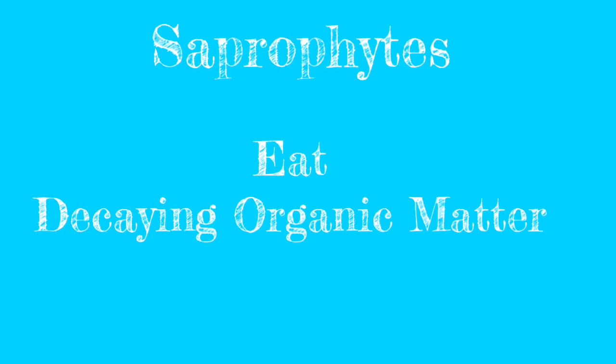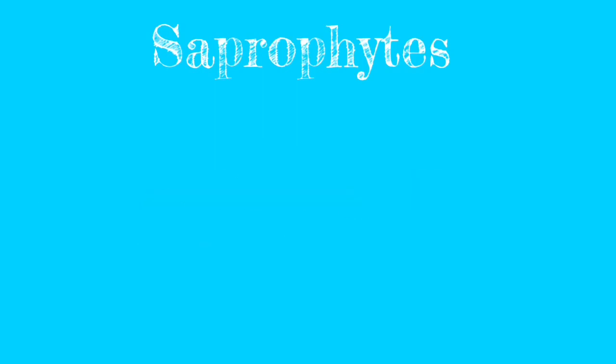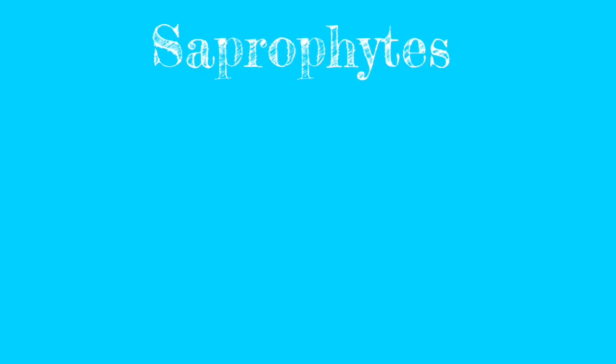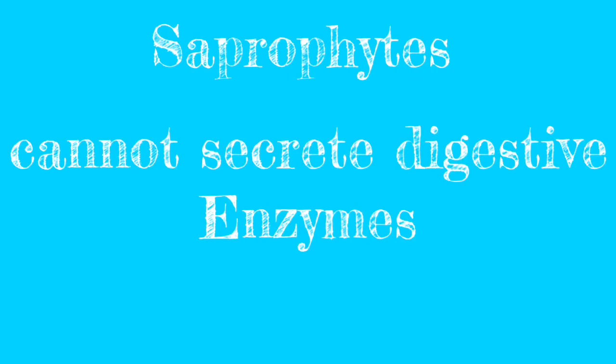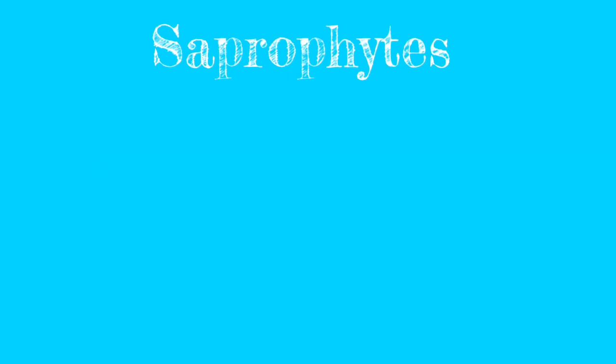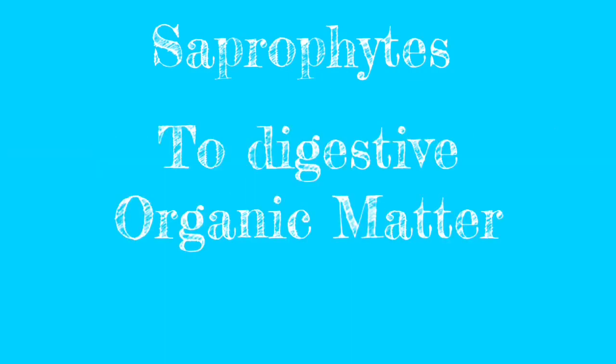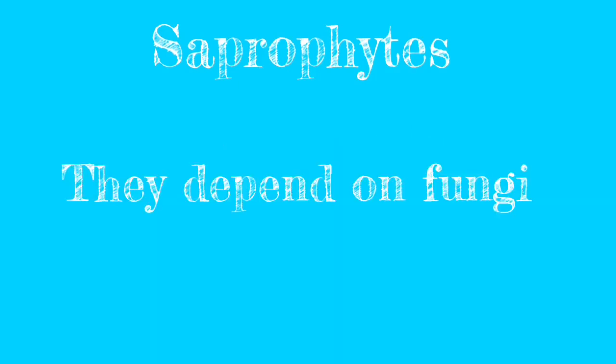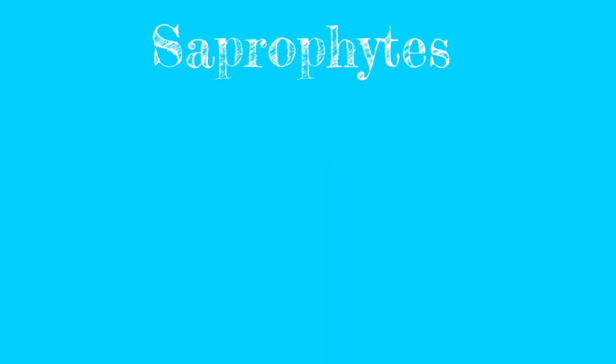So they are like decomposers and scavengers only in the plants or the flora section, not the fauna. But the problem is they cannot secrete digestive enzymes to digest that decaying organic matter. Therefore, they depend on their fungal symbiotic partner to do so.